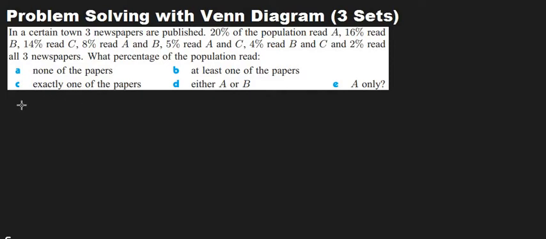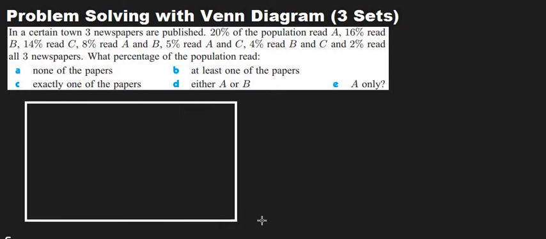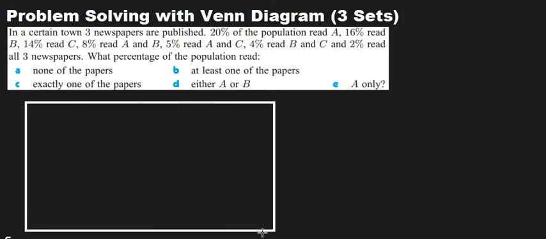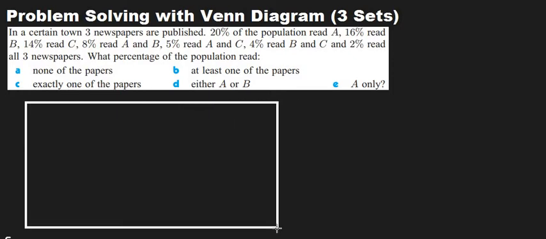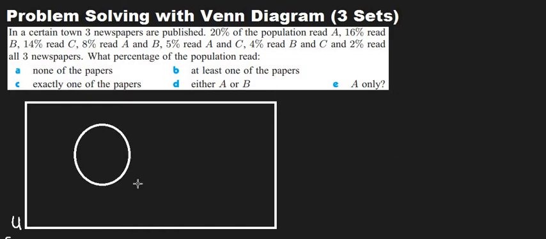Always remember, we always need to make a rectangle first. I hope this is big enough. And then don't forget to write the universe U over here. As you can see, we have 3 newspapers, A, B, and C. It means we will have 3 circles.